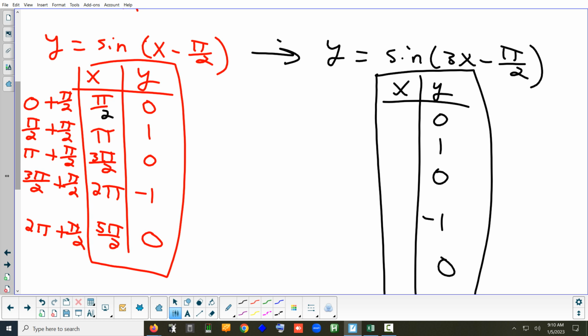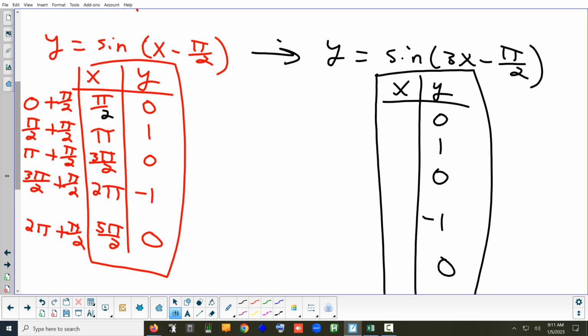Okay, and who can tell me what we have to do to all these x values to get the new ones? Yep. We can multiply, but it's not by 3. Or we can divide, and then we can do it 2 ways. Yeah? You do like 2 pi divided by 3.